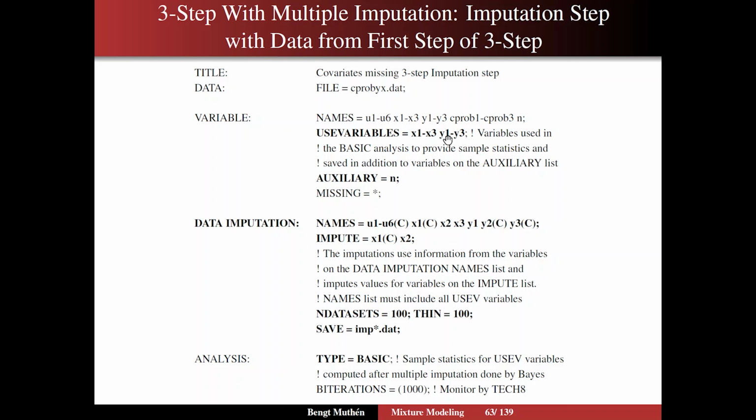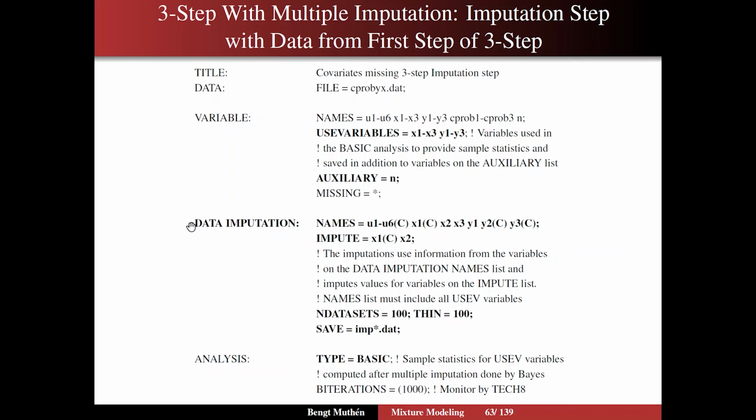These are the variables used in the basic analysis down here at the bottom to provide sample statistics, and they're also the variables that are saved in addition to the variables on the auxiliary list, which is the nominal N, the most likely class variable that we need in the last step.